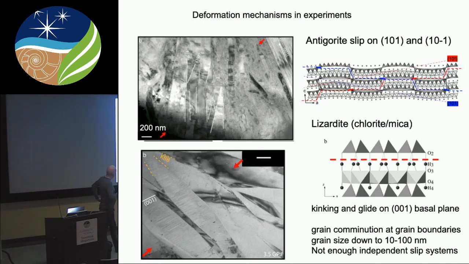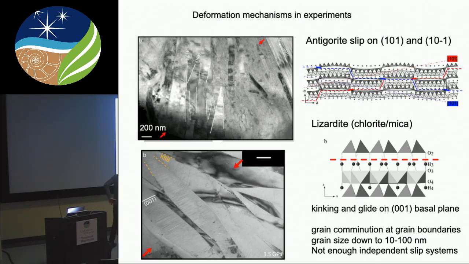So we get kink bands in this type of sample. It means that in this kind of structure, we have very little possible combination of glide systems.